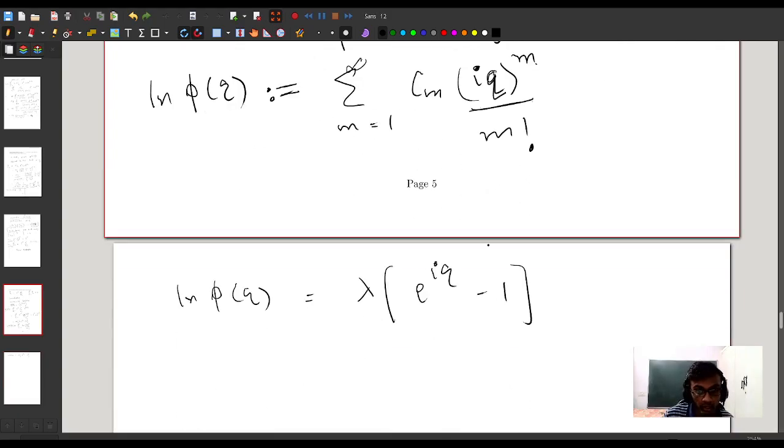So we can try to read out all the cumulants by doing a Taylor expansion of this around q equal to 0.